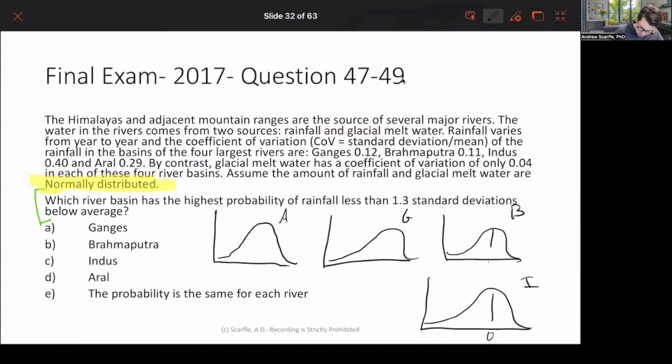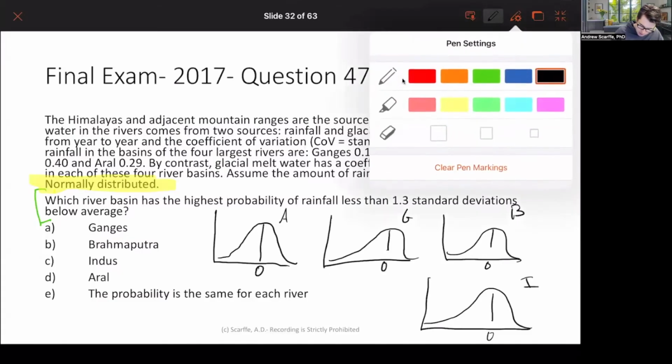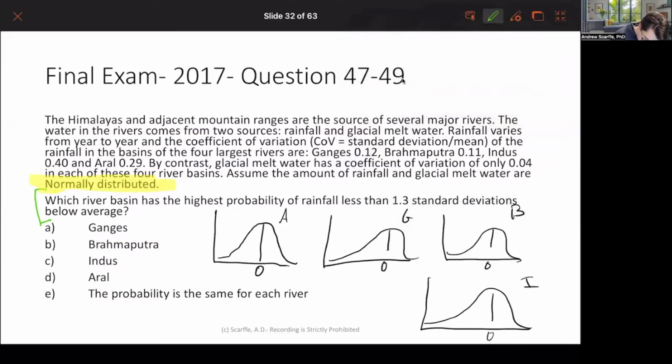So all centered around 0. And they all are 1.3 standard deviations below 0. So this would be negative 1.3, negative 1.3, negative 1.3, negative 1.3.